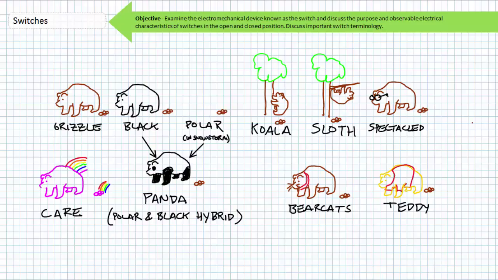My point is that when I present you with this dizzying array of switch species, find some commonality between them, and from there determine the difference. The commonality for all switches is that there is a closed position and an open position. They all do the same thing. They allow or disallow current to flow through them.